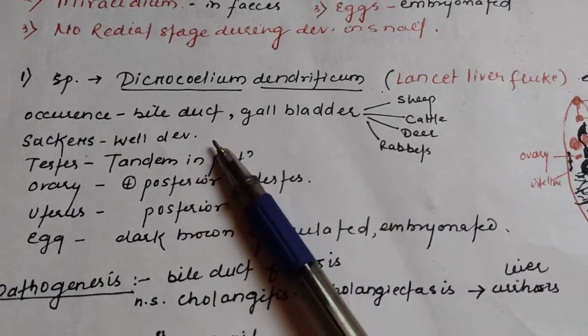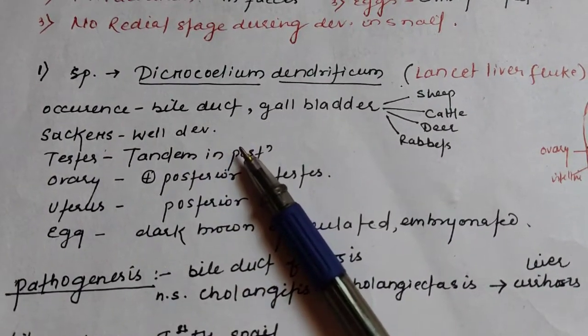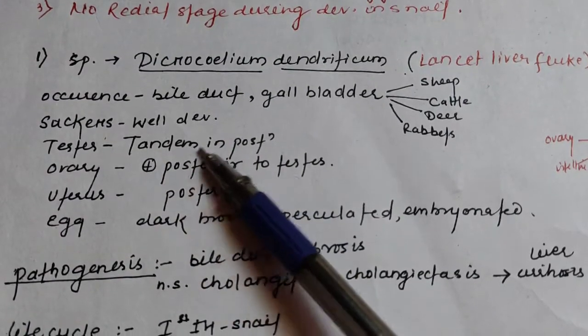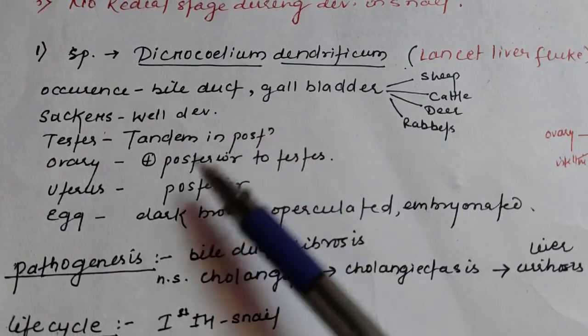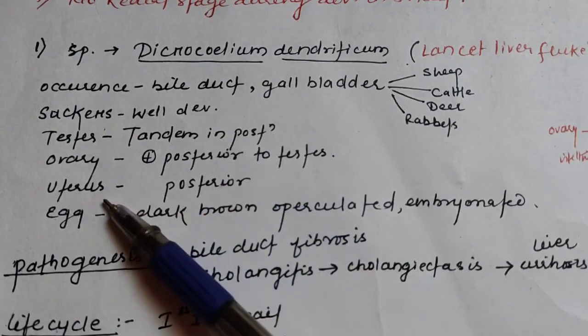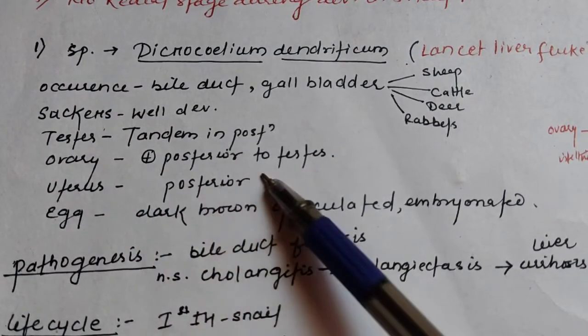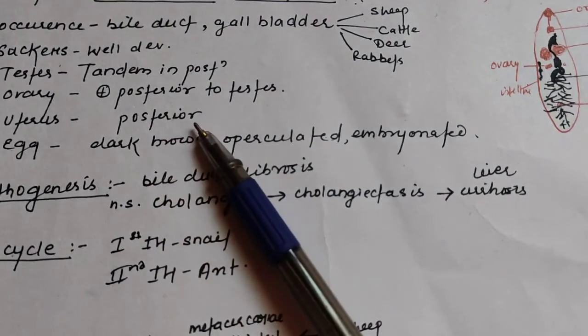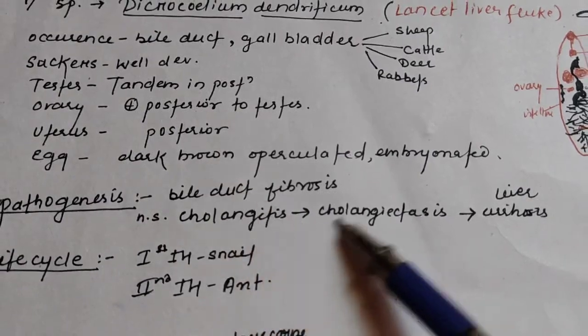Its suckers are well developed, that is the oral sucker and ventral sucker. Its testes are tandemly placed. Its ovary is posterior to the testes. Its uterus is also posterior to the testes, and its eggs are dark brown in color, operculated, and embryonated.